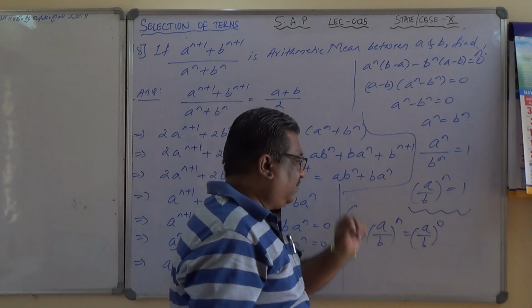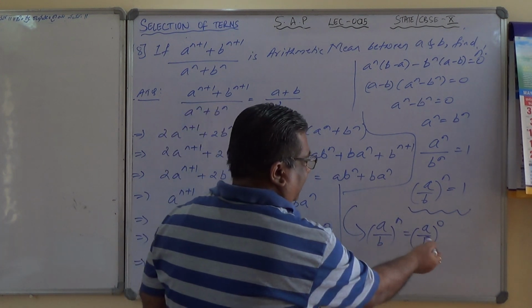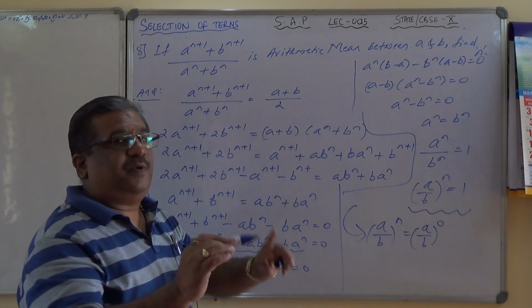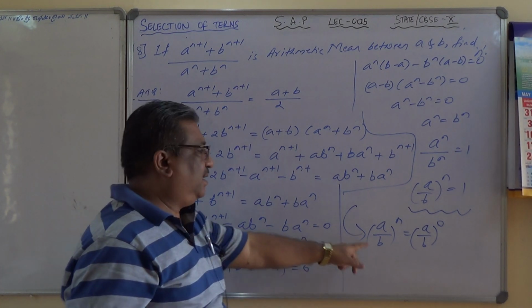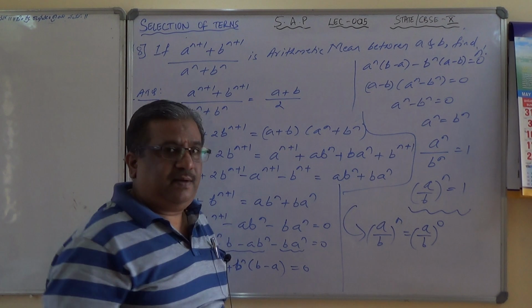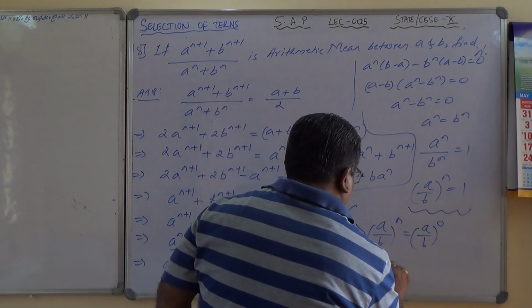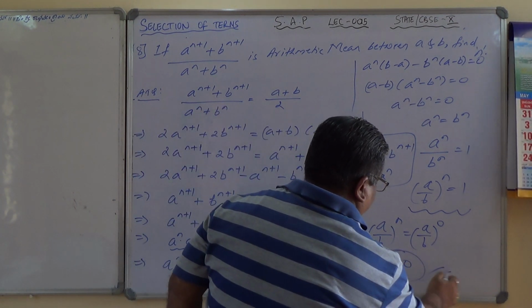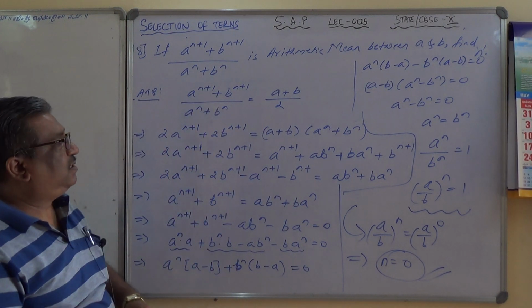So can I write 1 this way? Now these bases are the same, therefore exponents can be compared. When the bases are the same, exponents can be compared, and therefore this implies n equals 0 as the bases are the same. So note down this question.